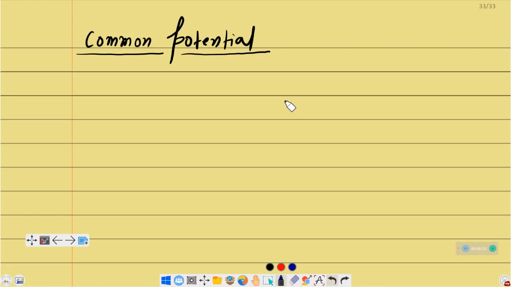When two capacitors charged to different potentials are connected by the conducting wire, let's say here is a capacitor of capacitance C1 with potential V1, and here is another capacitor of capacitance C2 with potential V2.